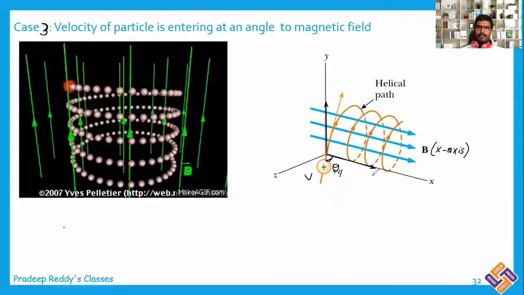Now this can be v cos theta and this can be v sin theta. V sin theta is the perpendicular component to the magnetic field. V cos theta is the parallel component to the magnetic field.